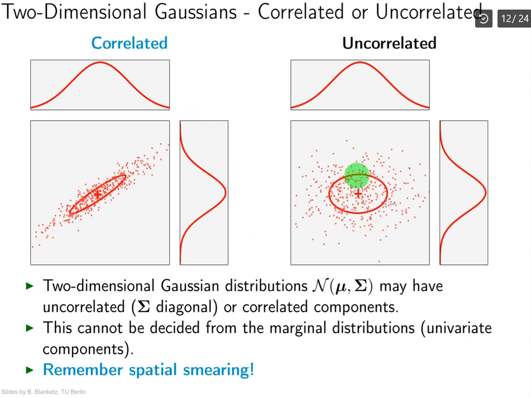Well, in the uncorrelated case, we will have this kind of scatter plot. So a two-dimensional Gaussian distribution for our data may have an uncorrelated covariance diagonal matrix or correlated components, which can be decided from their marginal distributions of univariate components.